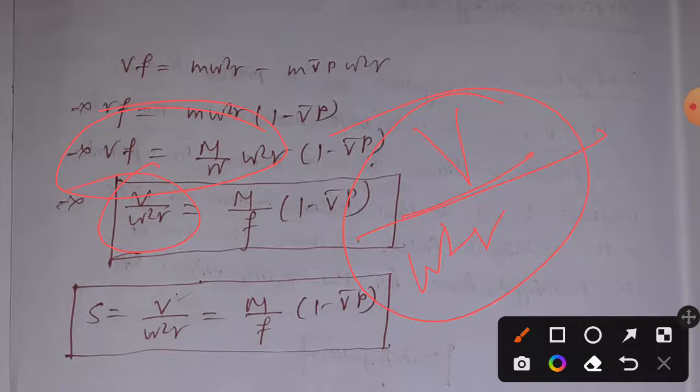This ratio of the sedimentation velocity to the centrifugal acceleration is known as S, our sedimentation coefficient. I hope you have got this.